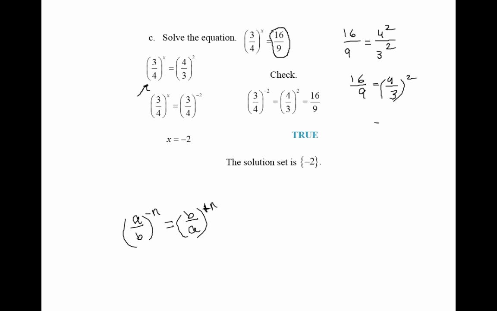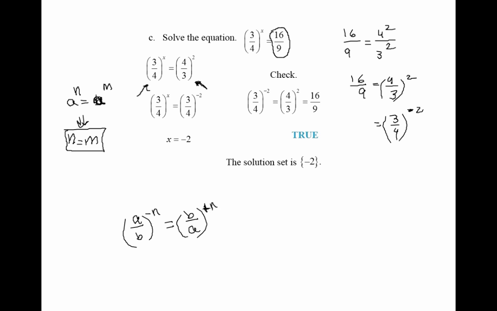This is the same as (3/4)^(-2), because we want to force the base to be the same. By doing that, you can use the property that if a^n = a^m, the bases are the same, so you can conclude that the exponents must be the same. That's what we're going to use.